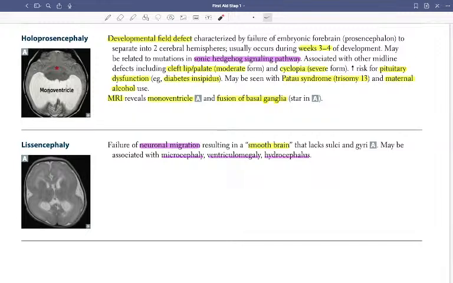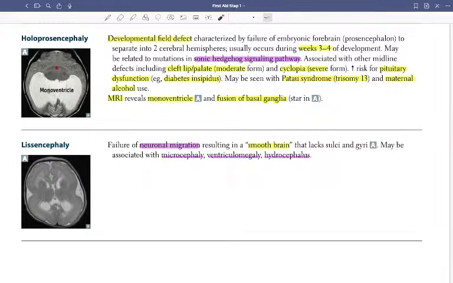It is a developmental field defect, with two cerebral hemispheres not separated, week 3 to 4. This is important, week 3 to 4. Sonic hedgehog pathway. Sonic hedgehog was for the basal plate. What was for the alar plate? TGF beta. Sonic hedgehog pathway defects cause cleft lip, cleft palate in moderate form, and cyclopia in severe form.